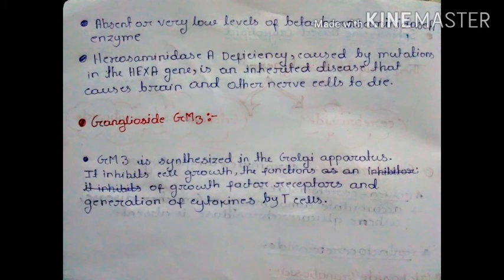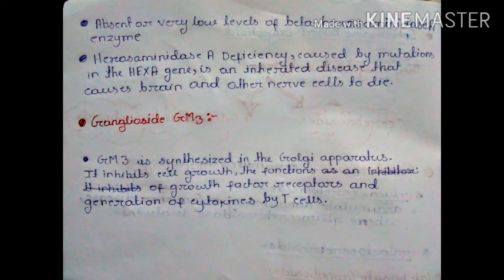The brain cells and nerve cells depend on beta hexosaminidase A enzyme. If it is absent or very low, it leads to the brain cells and other nerve cells dying. This can cause a severe nervous system disease called Tay-Sachs disease.